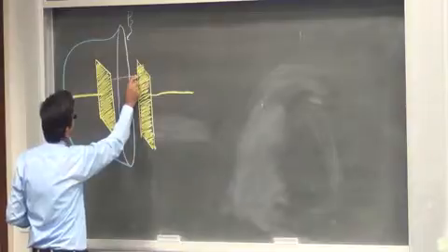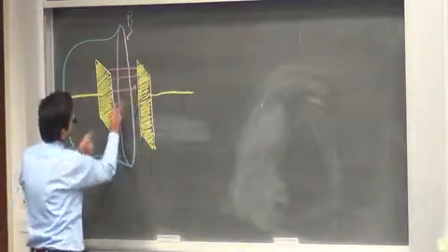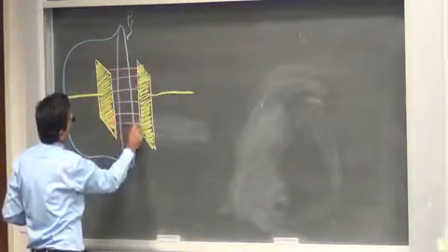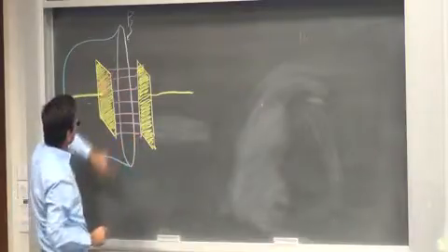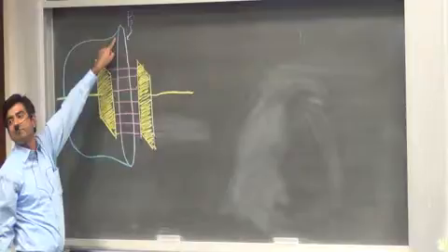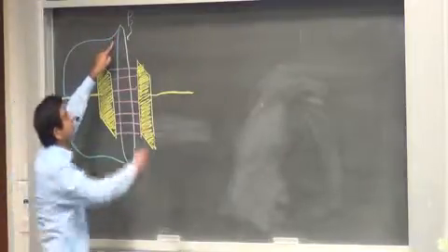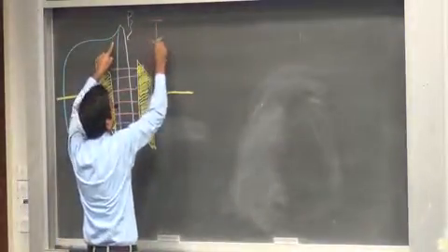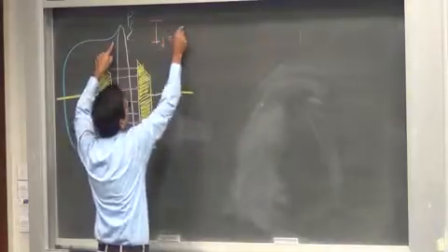There is no electric field because all the electric field is confined, if the distance between the plates is small, just to the region between the plates. But none of these electric field lines pierce the area. So as far as this area is concerned, there is no displacement current, there is no ID.